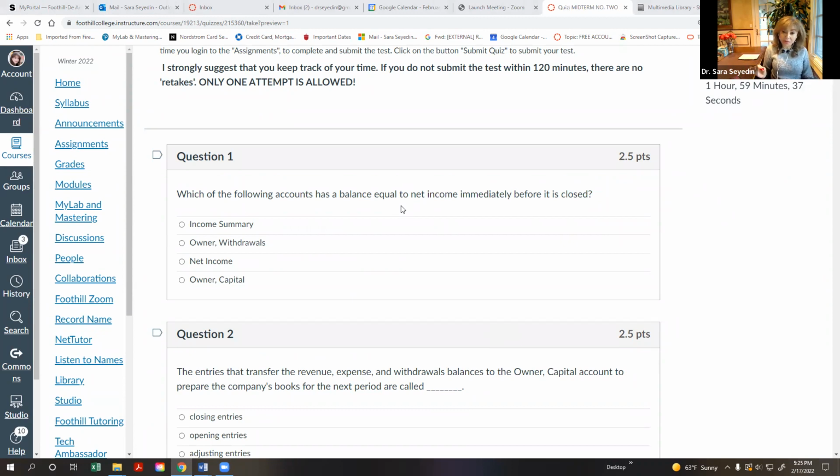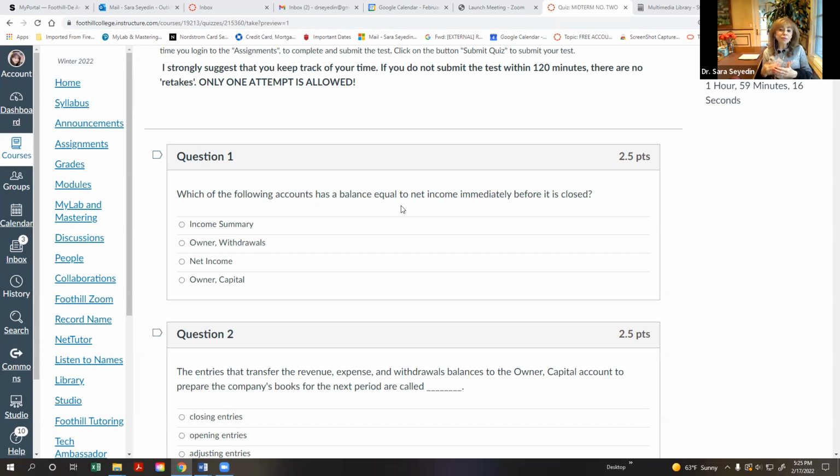Now, remember, everyone, that we close income summary to owner's capital, right? And if there's a credit balance, that means revenue exceeds expenses.